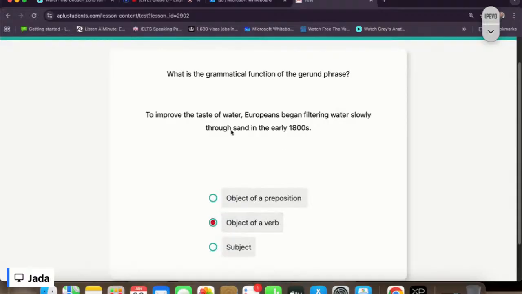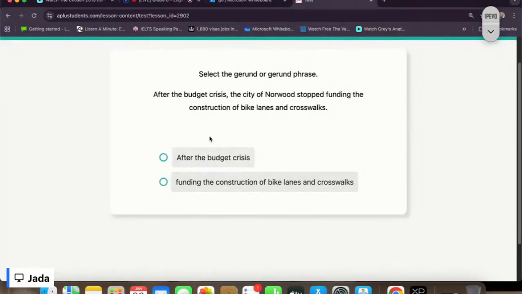Okay, so what do we have here? Object of a verb, okay? So select the gerund or gerund phrase here. Is it the first or second?